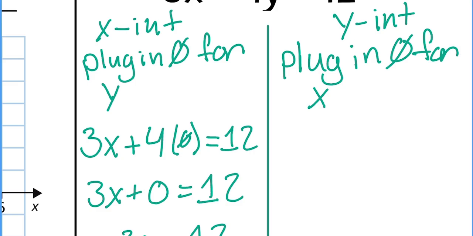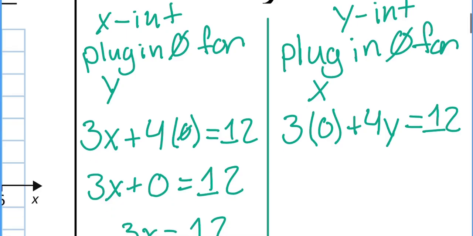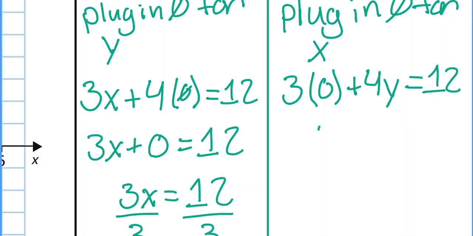All right, so we have 3 times 0 plus 4y equals 12. What is 3 times 0? 0. So I have 0 plus 4y equals 12.